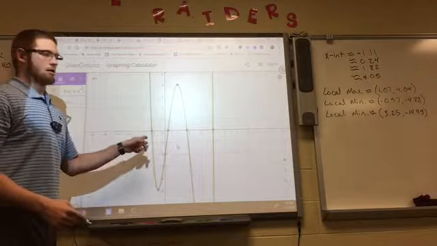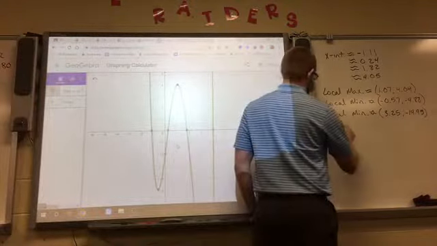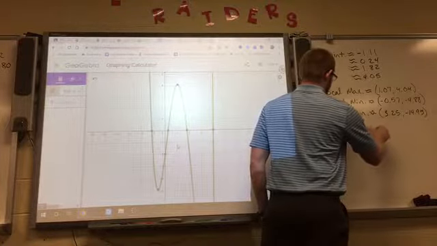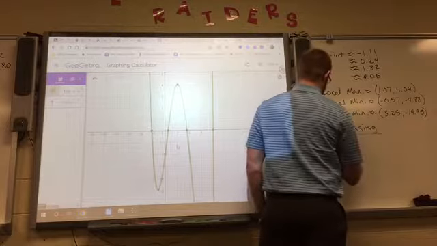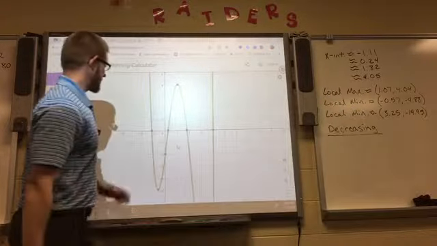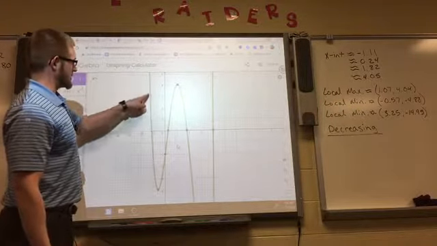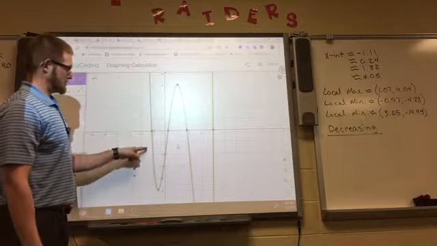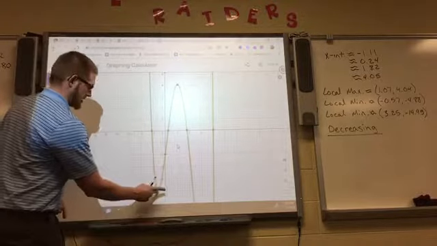Are we okay with that? Okay, so this function is decreasing when x is left of what point? When is it decreasing? That minimum. This minimum right here, right?